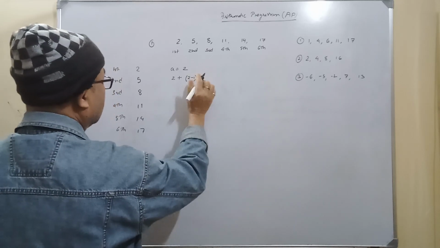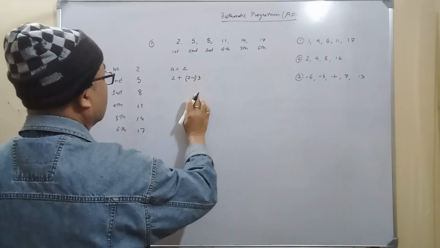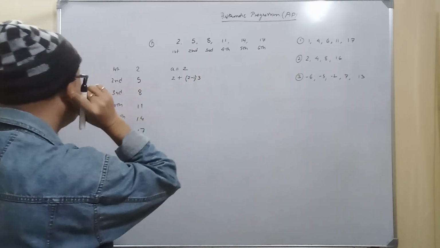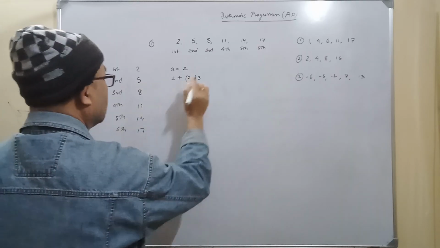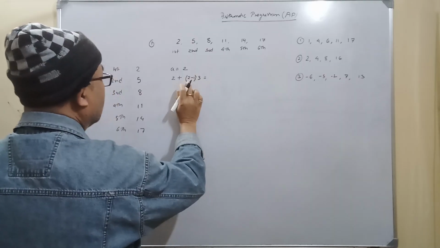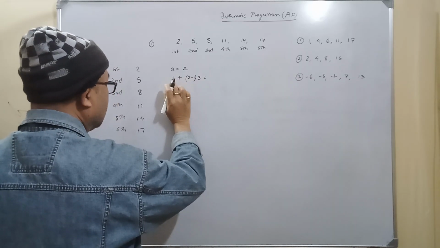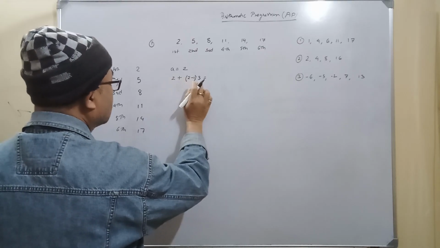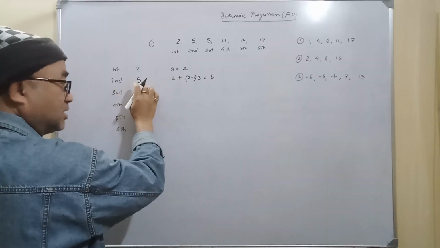Sorry, 3. So the second term is obtained by adding the first term with 2 minus 1 into 3, which is 5. We get the value of the second term.